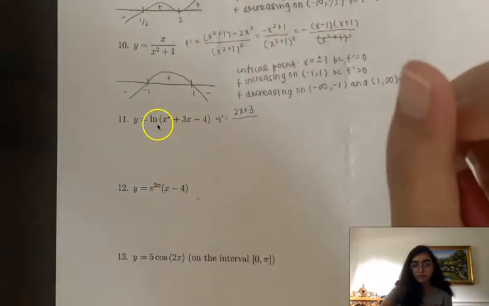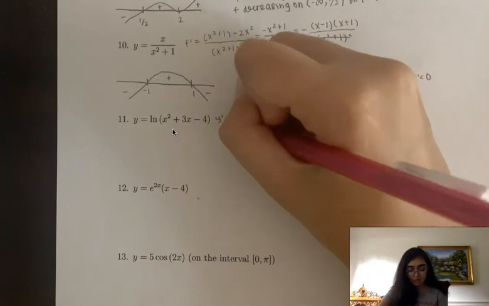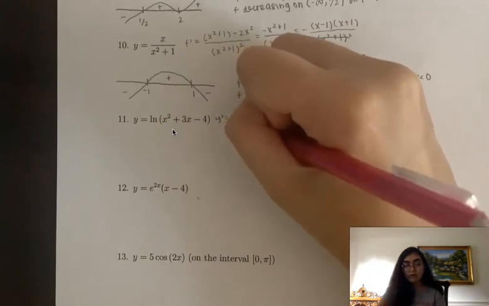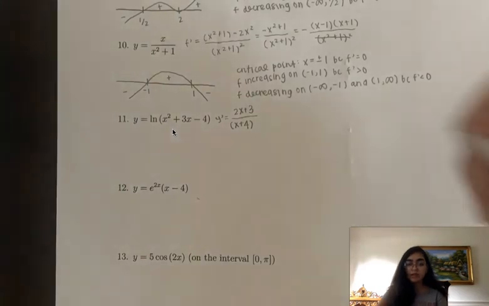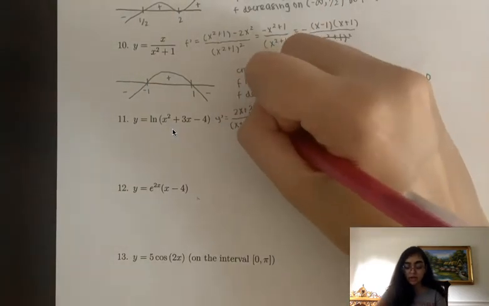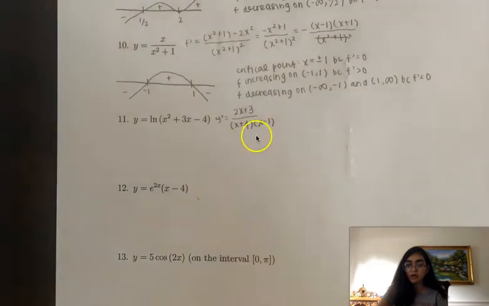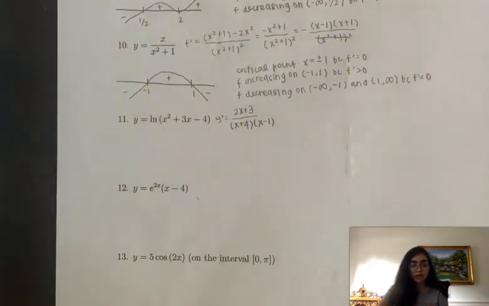It's just whatever's in these parentheses right here. We're going to have x plus 4 times x minus 1. In this case, the bottom does count. We're not going to ignore it because the bottom is not always positive like it was in number 10. So on our sign chart, we're going to have points at -4, -3/2, and 1, positive 1.